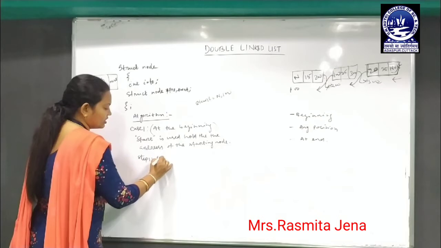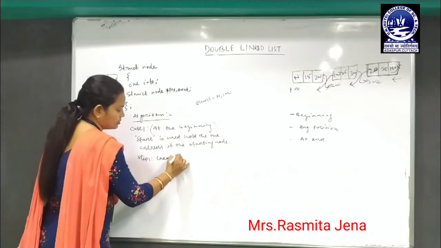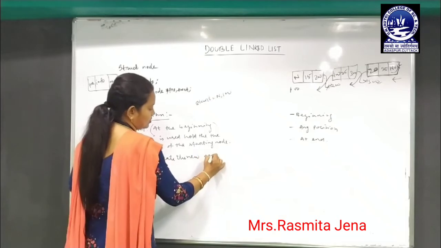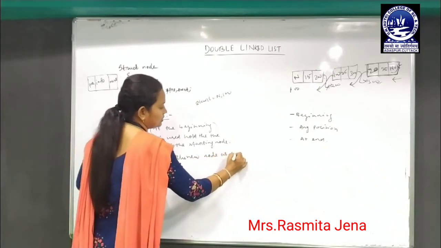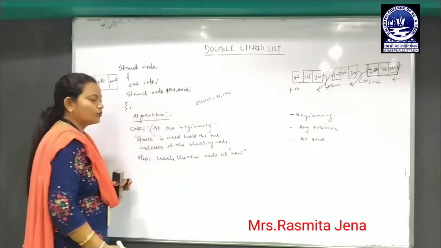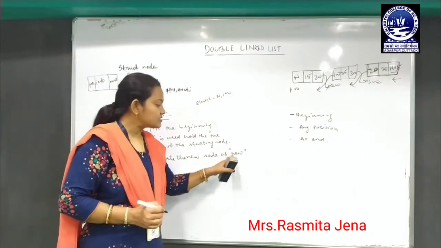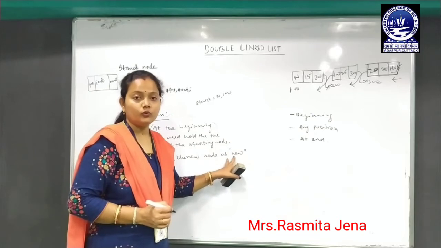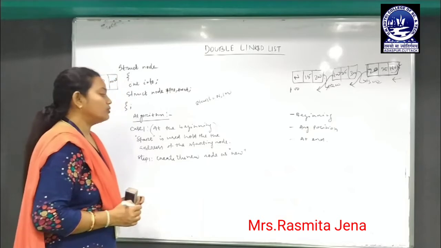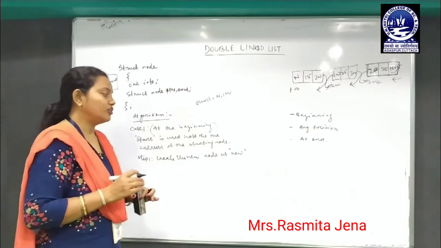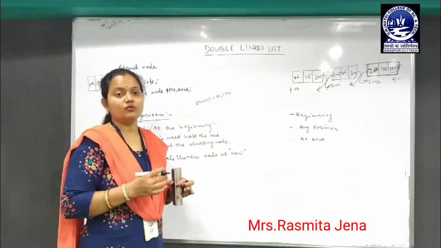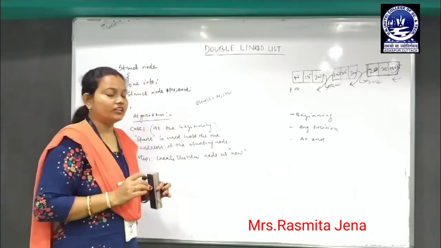So create the new node as new. Suppose we created a new node. Let's assume that the pointer new holds the new node address. Then we will store at the info part of the new node the data which is to be inputted, and the address part will be null at the beginning.